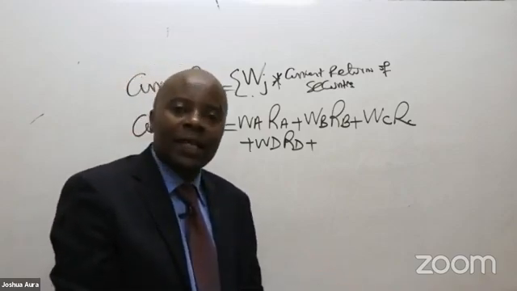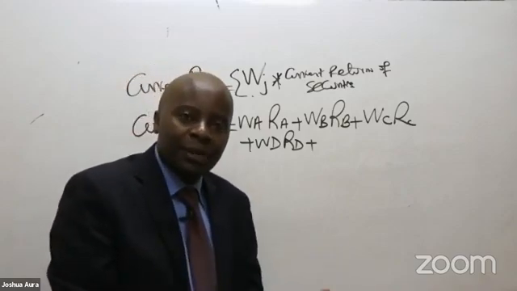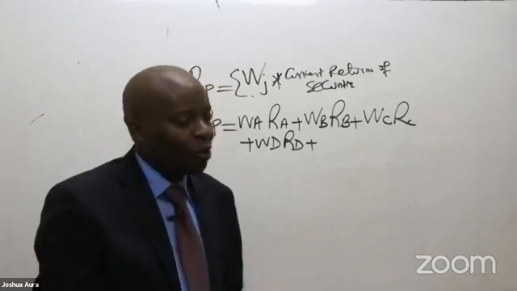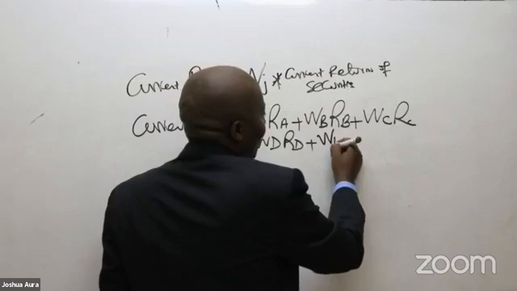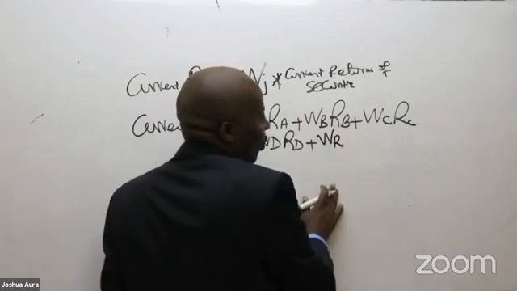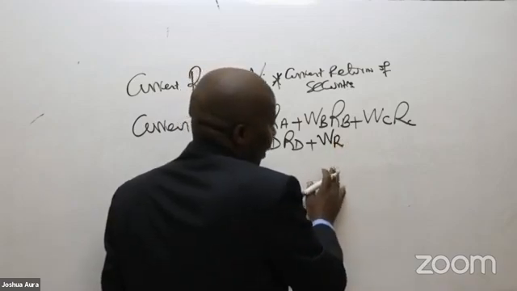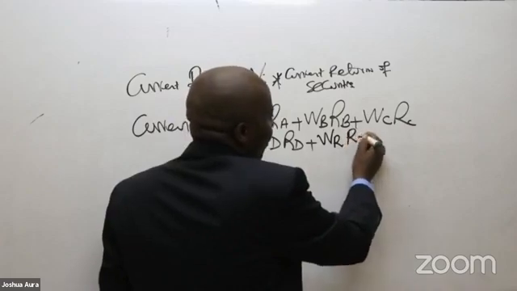It's still an asset to you. It's going to contribute some return onto your portfolio. So we have the weight of the risk-free, which I'll call R, multiplied by the return of the risk-free.